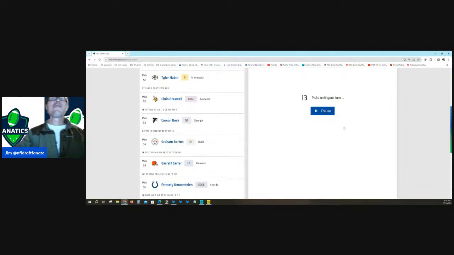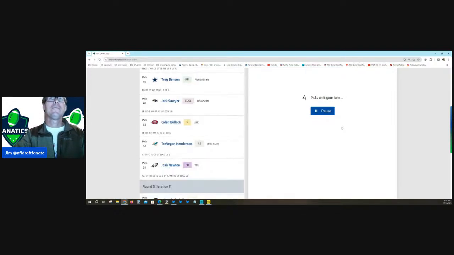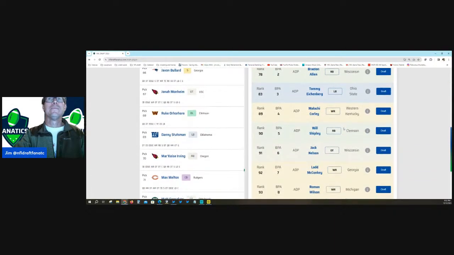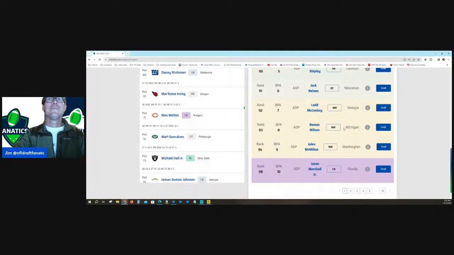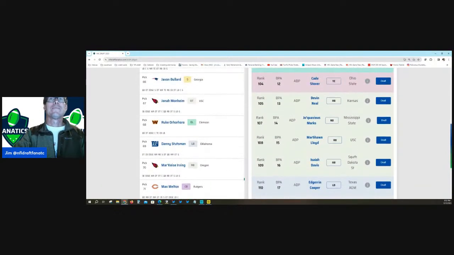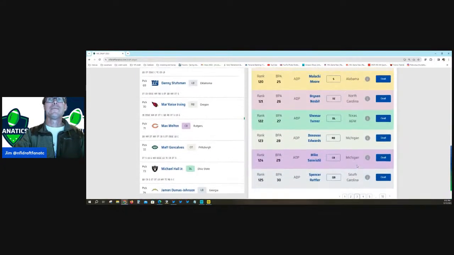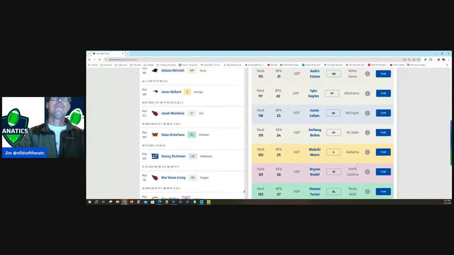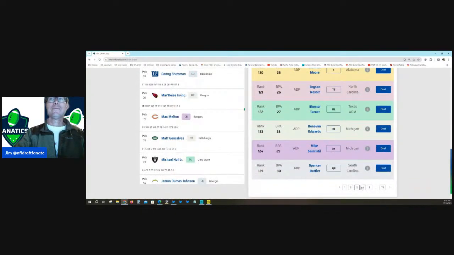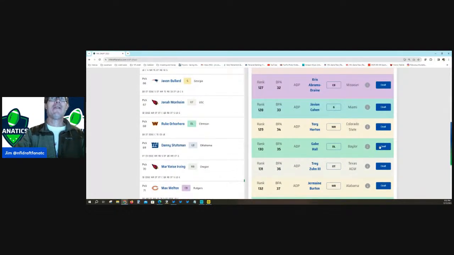This is going to be a 3rd round pick, so I have to find a unique player. Gabe Hall, I like in round 3.